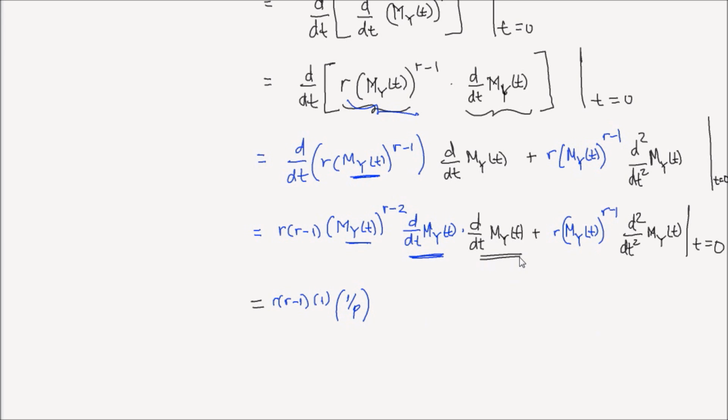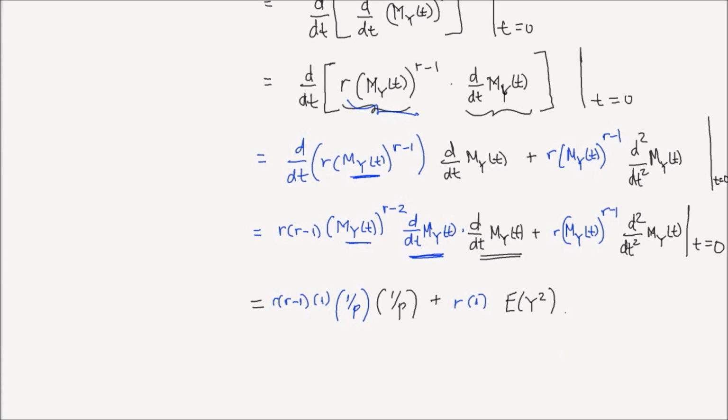Evaluate this at t equals 0, you get the expectation of y, which is 1 over p, plus r multiplied by, plug in 0 for M_Y(t), you get 1. 1 to the power of r minus 1 is equal to 1. Alright, and the second derivative of the mgf of y evaluated at 0 gives you the second moment of y, the expected value of y squared.